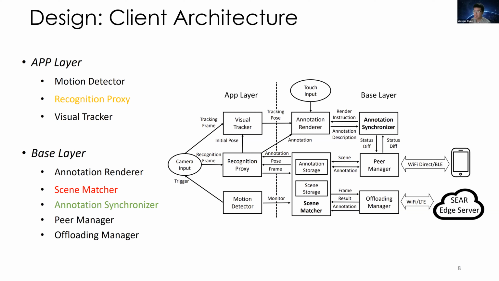And the base layer is a middleware provided by us, which contains the annotation renderer, the recognition engine, which actually does the recognition through local search or by offloading, and also the annotation synchronizer, which synchronizes the annotation status between the peers. And we also have the peer manager and offloading manager, which communicate with peers and the edge server.